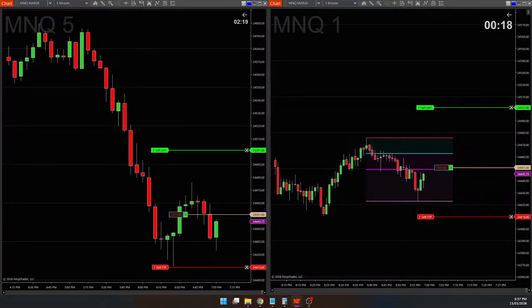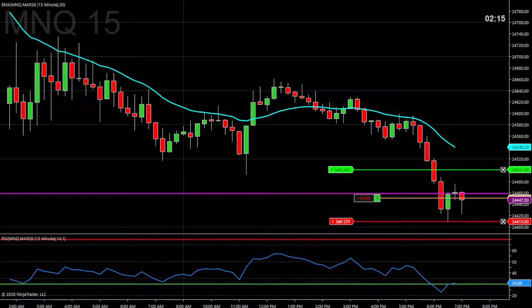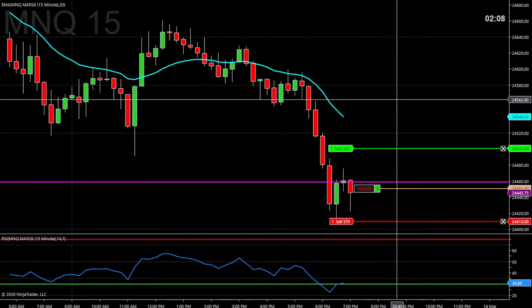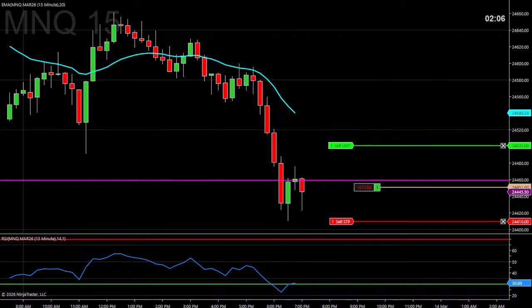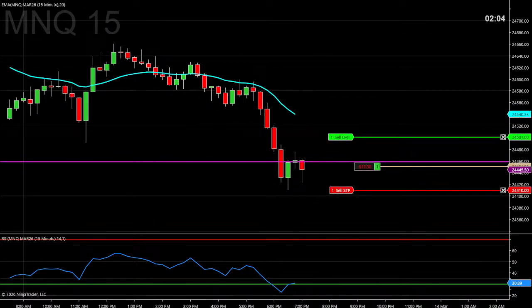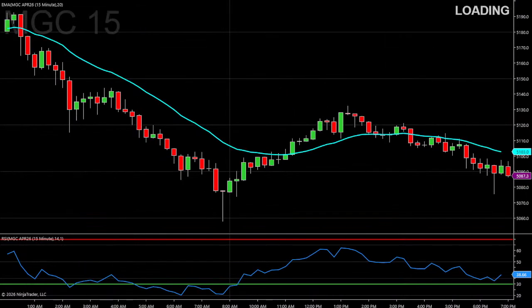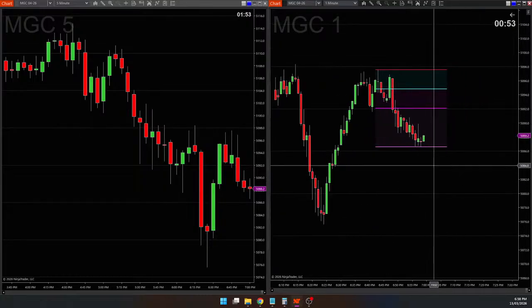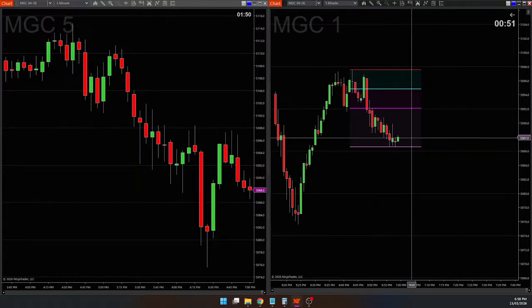RSI just peeking into fair value now. Negative 10s. It looks like we might be starting to see retracement, I hope. 2 minutes to London.